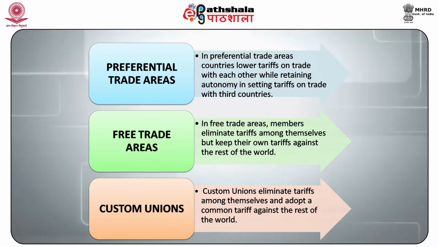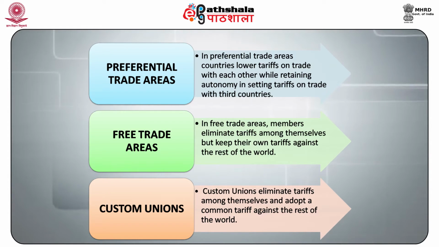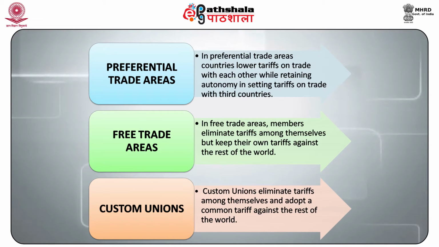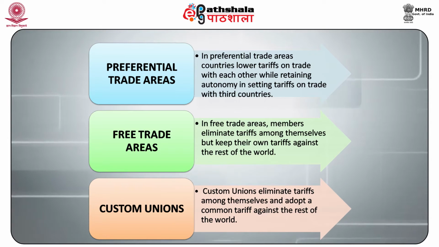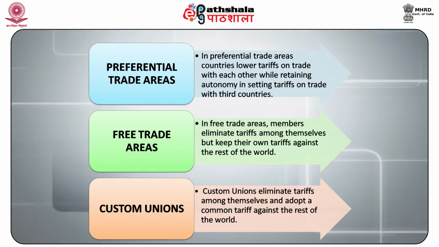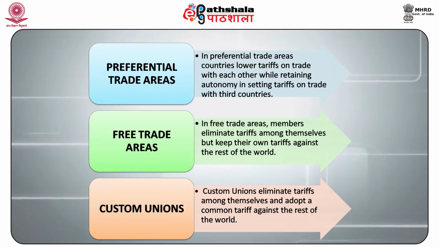Now, the free trade area is an area in which the members eliminate the tariffs among themselves, but keep their own tariffs against the rest of the world. Examples are the EU, CEE association agreements, NAFTA, CEFTA, ANZR and so on.